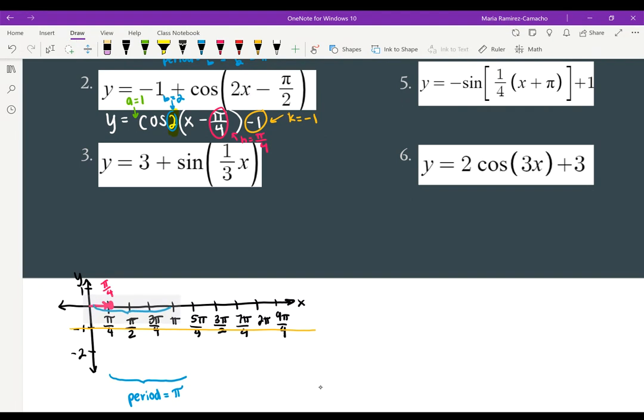So you can see this little curly bracket shows a length from 0 to 2 pi. I'm just shifting this to the right pi over 4 units because of that horizontal shift. So what this is showing you is that our cycle is going to start at pi over 4 and end at 5 pi over 4.